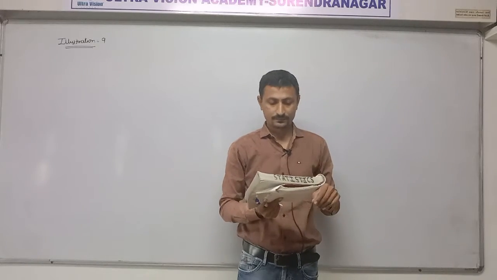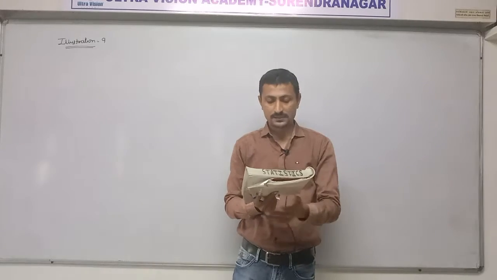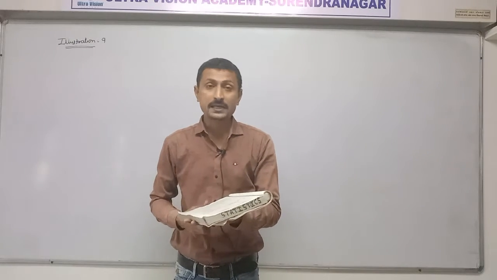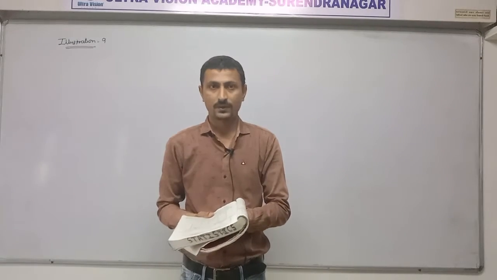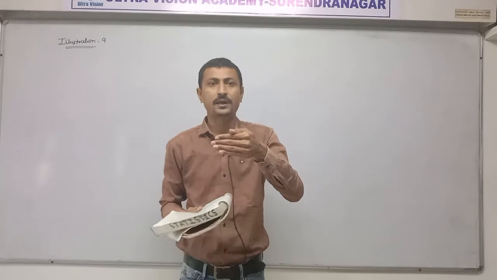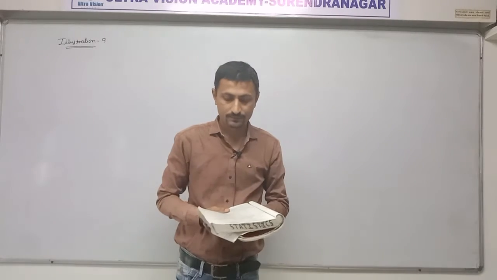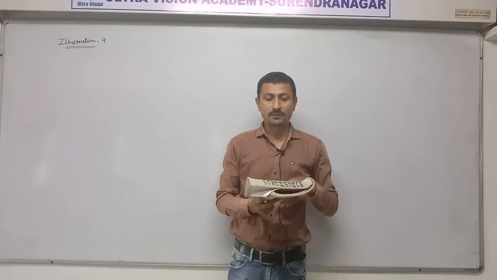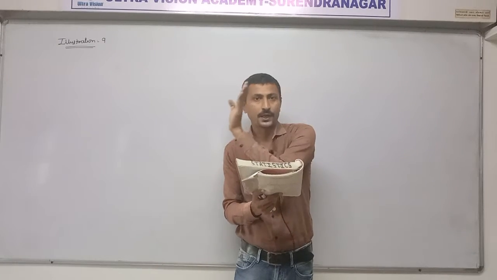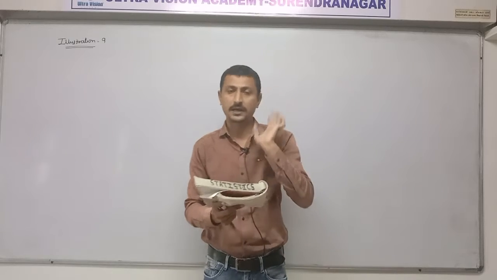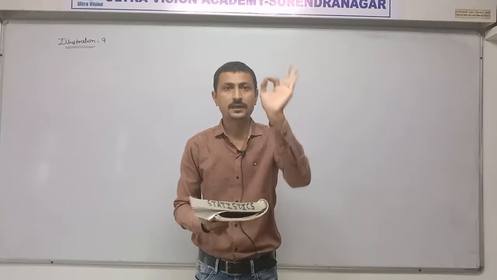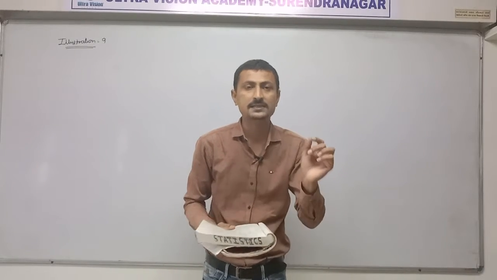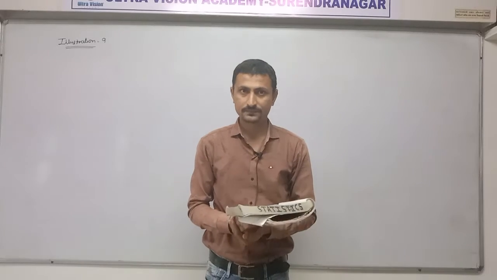First question: how many persons have weight less than 45 kg? In your table, the less than 45 cumulative frequency is 30. So 30 persons have weight less than 45 kg.